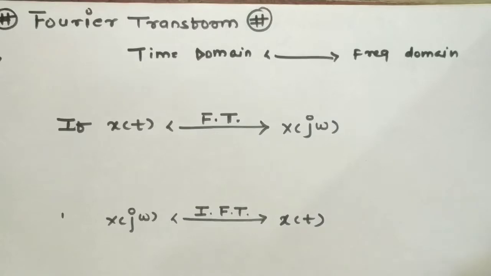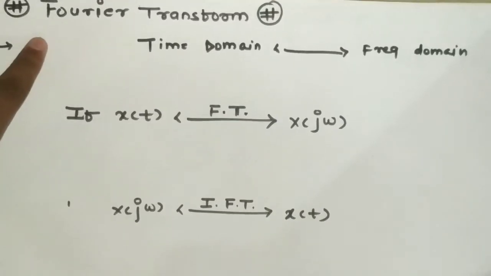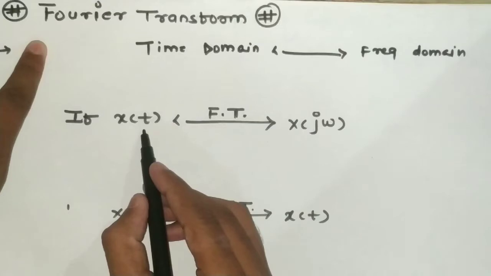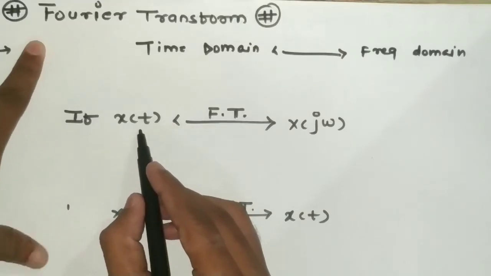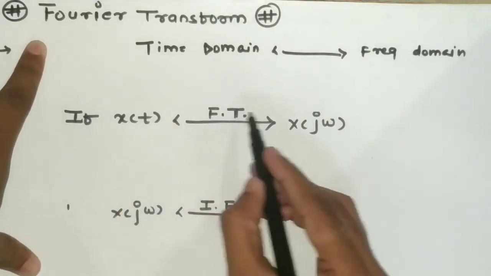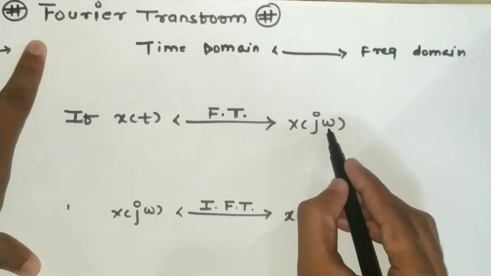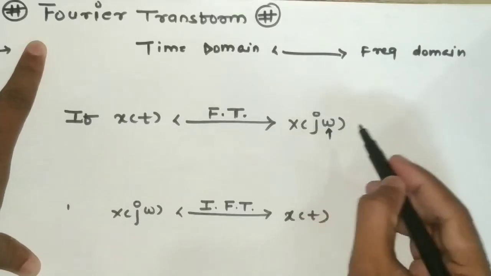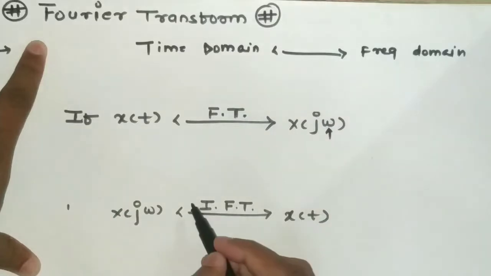is there. As far as Fourier transform representation is concerned, if we have a continuous input signal x of t, its Fourier transform representation will be x of j omega, where omega is the frequency component. So again we are switching from time domain to frequency domain.